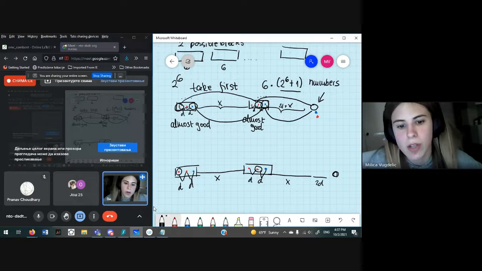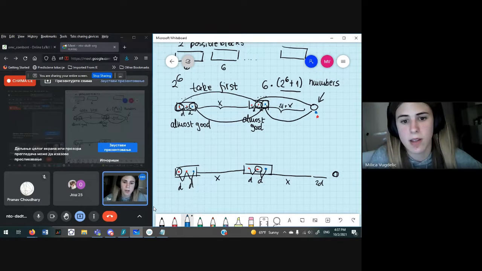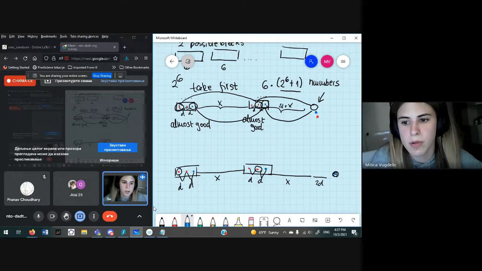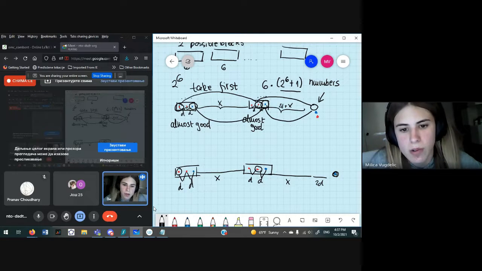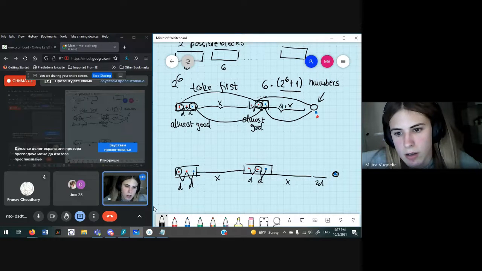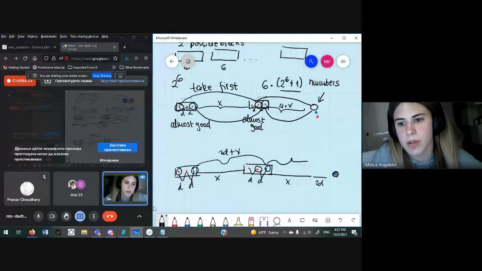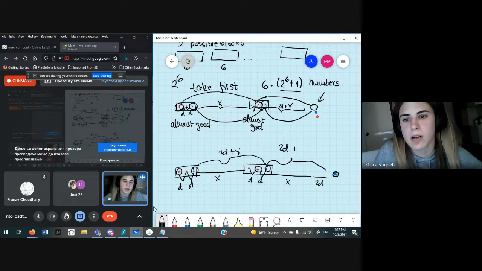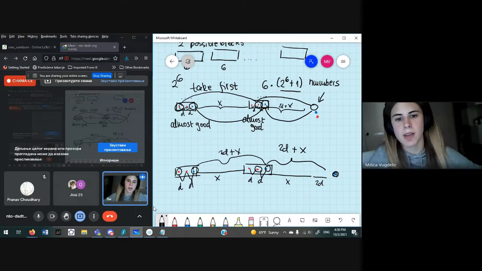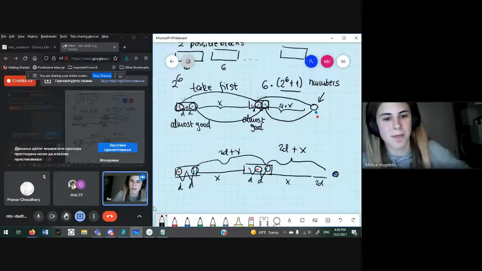And you would say, okay, it can't be red, because then I would have this, so it must be blue. But then you would check these differences and see that, okay, from this blue to this blue, I have 2D plus X, but I also have 2D plus X here. Because this is the NAP, they're shifted, it will be the same.